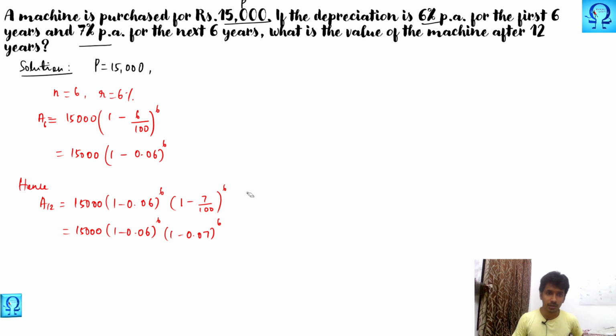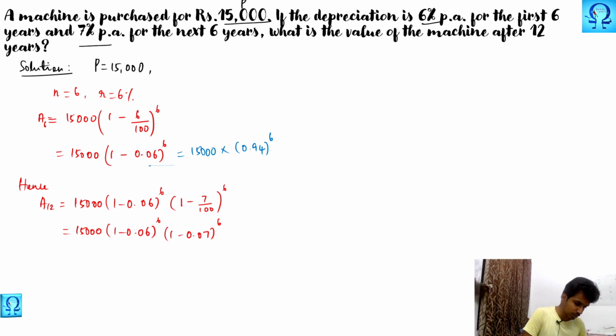1 minus 0.06 is 0.94, so it is 15,000 times of 0.94 to the power 6, and that gives us this value.